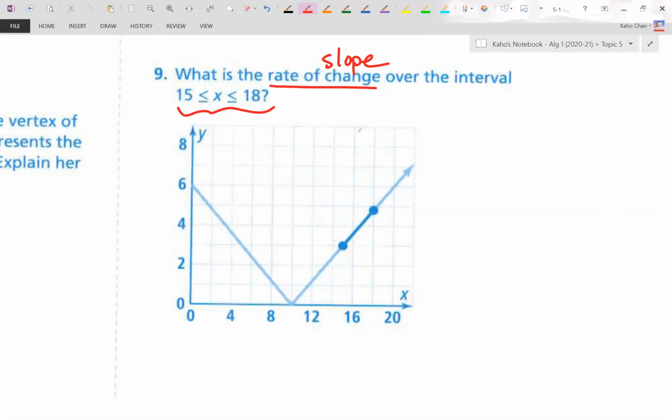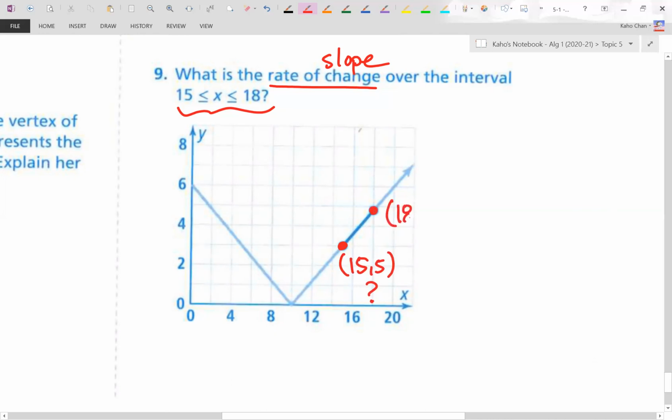I don't know what that number is right there. It kind of looks like 15.5. And this point right here, even worse. That's 18, I don't know, almost 5, 4.8-ish. Great.